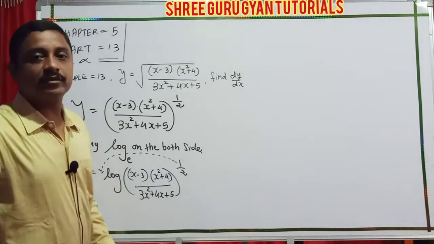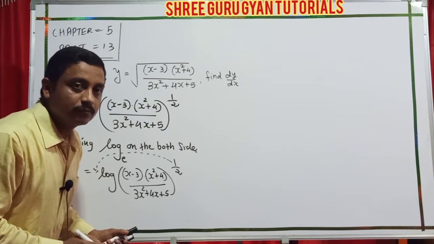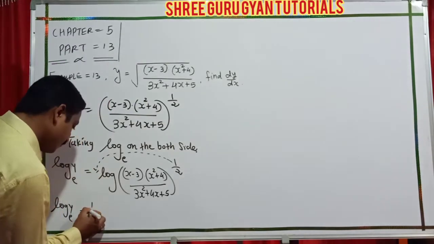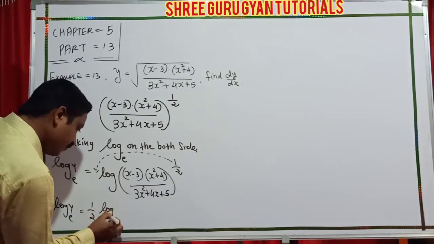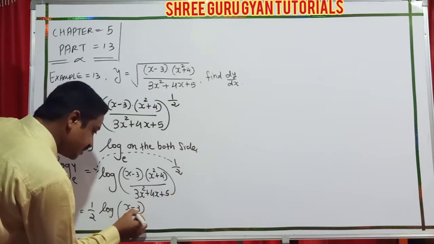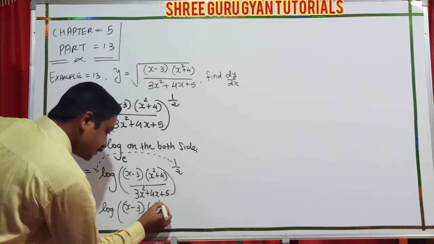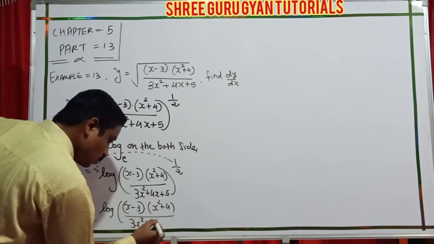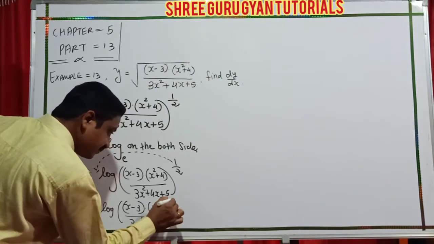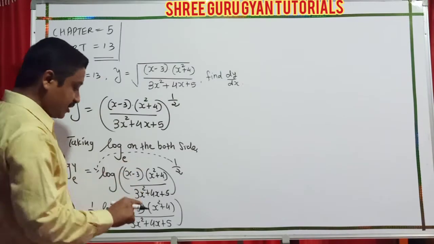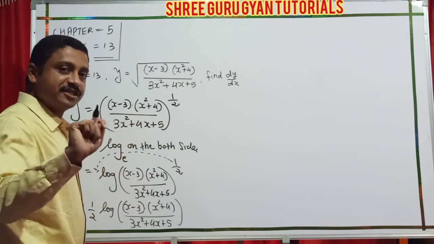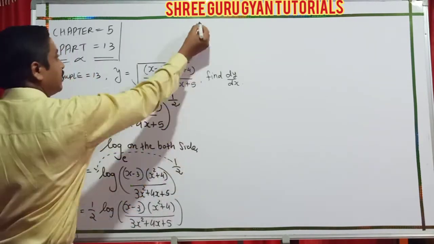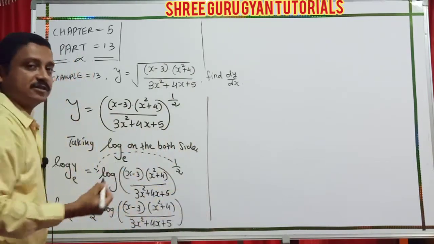So log y is that. Students, here half log of this as it is: x minus 3, x square plus 4, and 3x square plus 4x plus 5 as it is. Now students, the property: multiplication converts into addition, and division converts into subtraction.